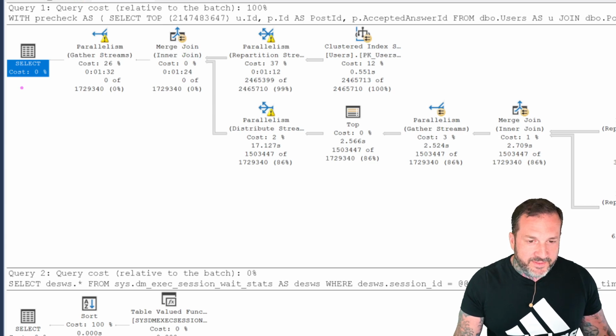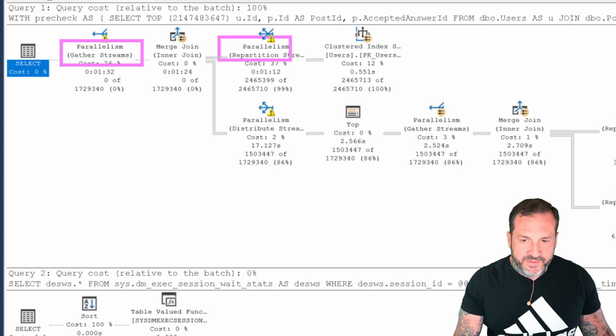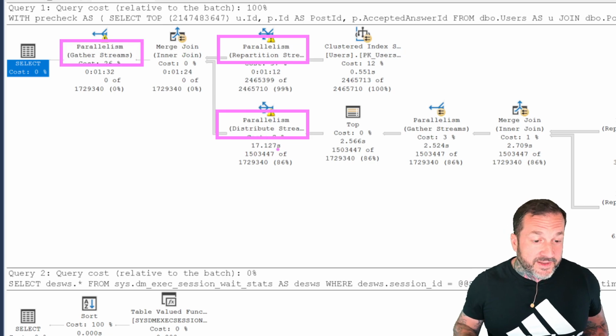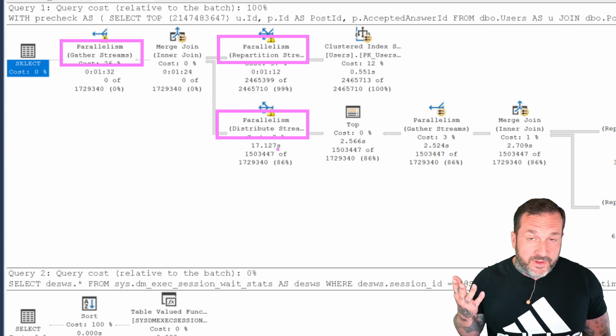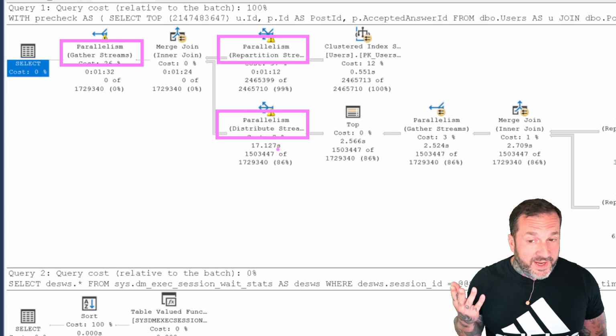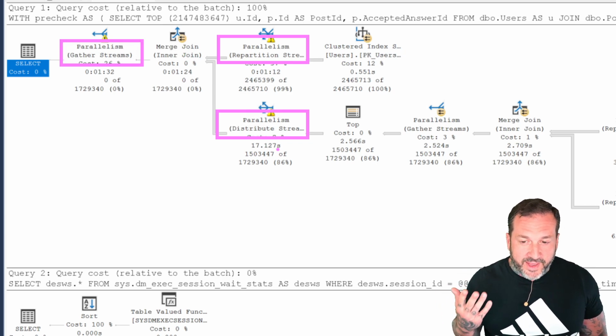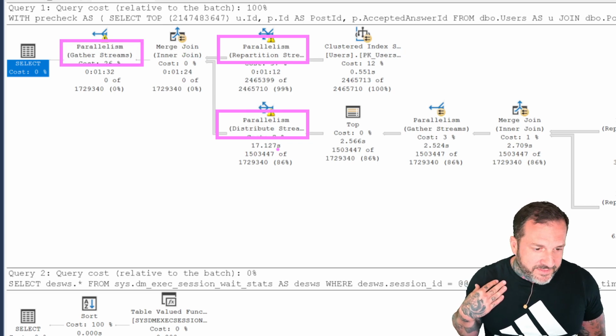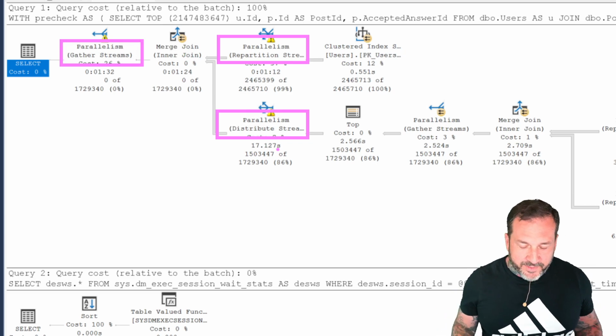There is a gather streams that spills right there. There is a repartition streams that spills right there. And there is a distribute streams that spills right there. That is all of the available parallel exchange operators in SQL Server, and they have all spilled for me because I'm pretty good at writing demos.